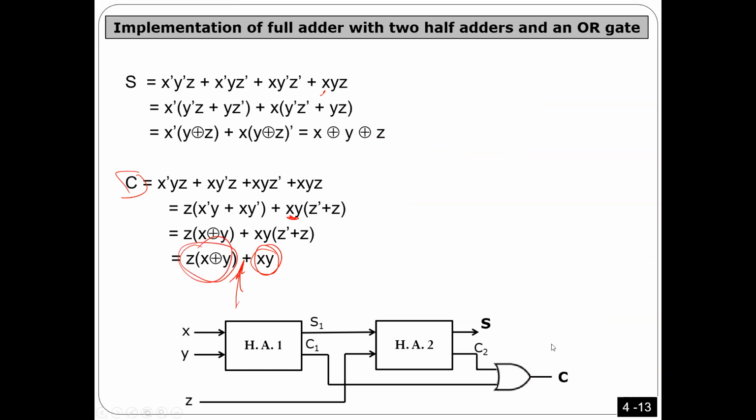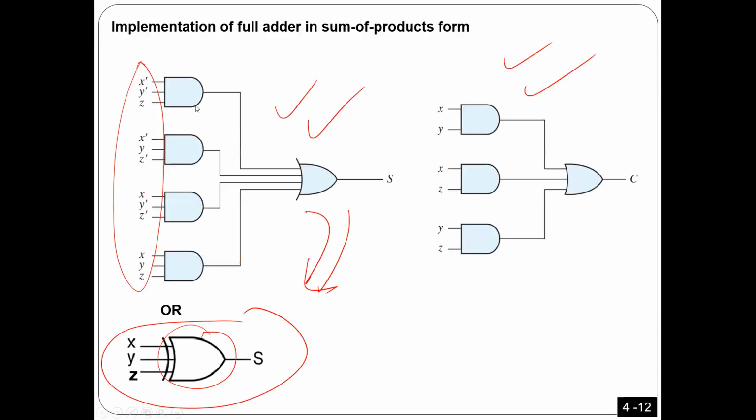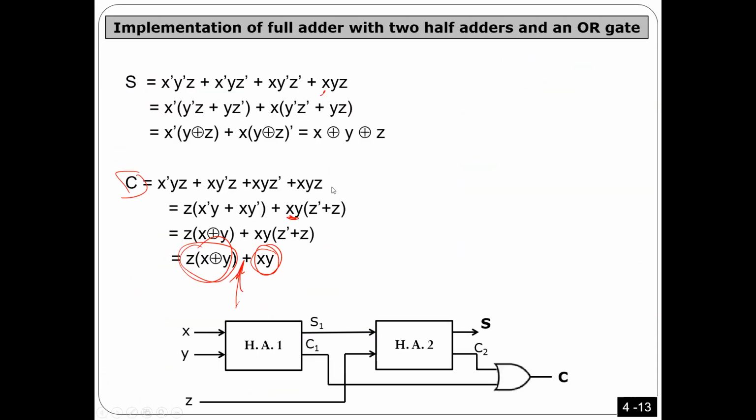Let me tell you the conclusion. The conclusion is the full adder: you are going to add 3 bits, and then you are going to get carry and sum. I already implemented it this way, and I did some algebra manipulation. I just put it in the format that can help me use half adders to implement the full adder.